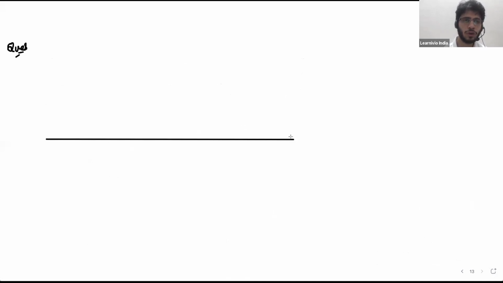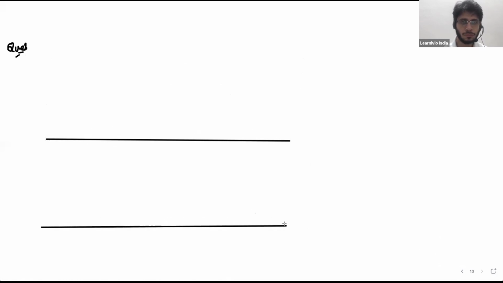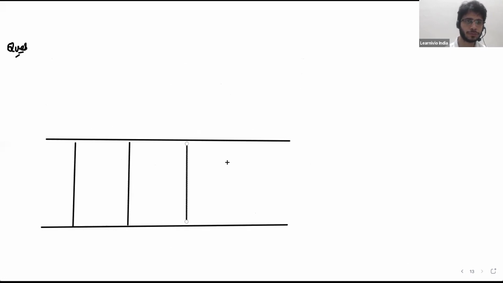In the next question, you have two sheets. And this is electric field in between these two sheets. This sheet is positive. And this sheet is negative.